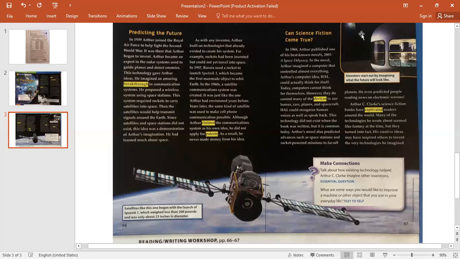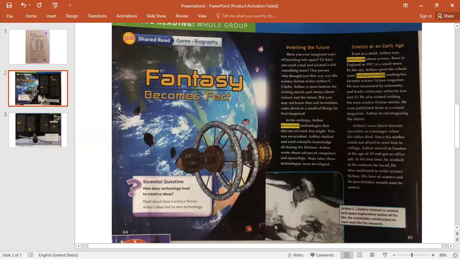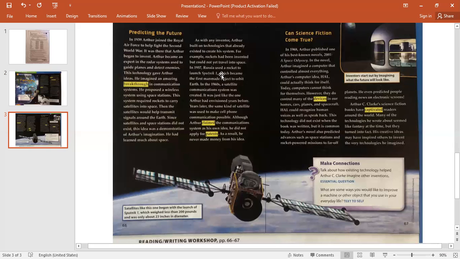So some of you might have difficulty understanding how visionary Arthur's ideas were, but we can look at the text to realize some important facts that help us make this clearer. So we know that in 1968, when his novel 2001: A Space Odyssey was published, humans had not traveled yet to the moon.